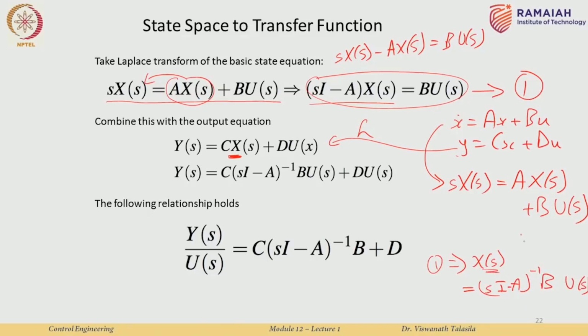I take this X(s) and substitute it. There is a small correction to be made in the slide: this is not U of x, this should be U of s. All right, let us continue.